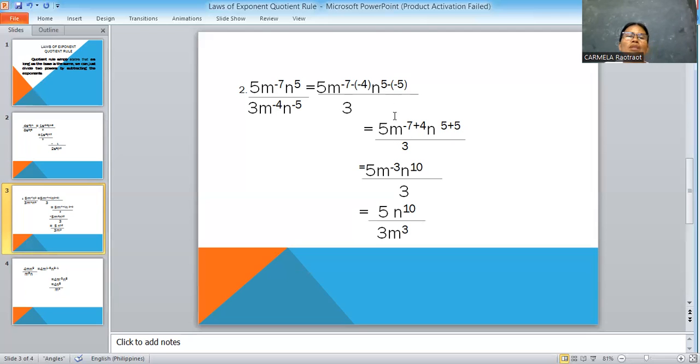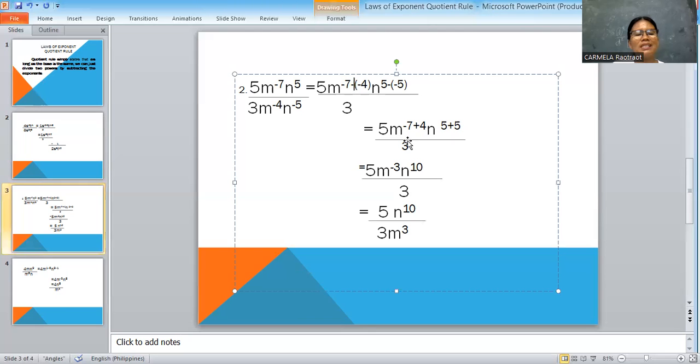Here, maybe you are questioning, why did it become plus? It is negative minus negative 4. Automatic, class, that one is negative 1. Negative 1 times negative 4 will become positive 4. Same with this 5, there is a negative 1.